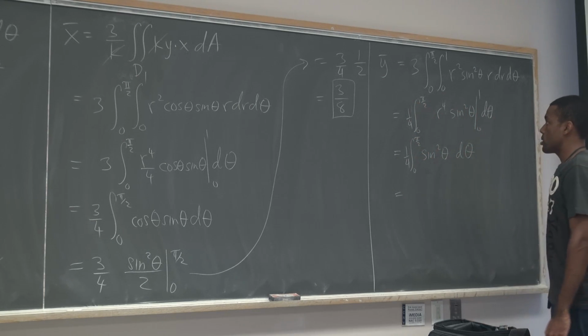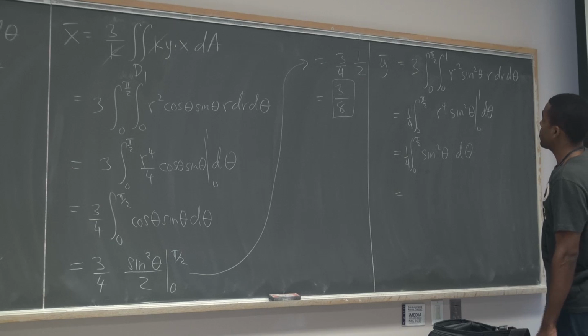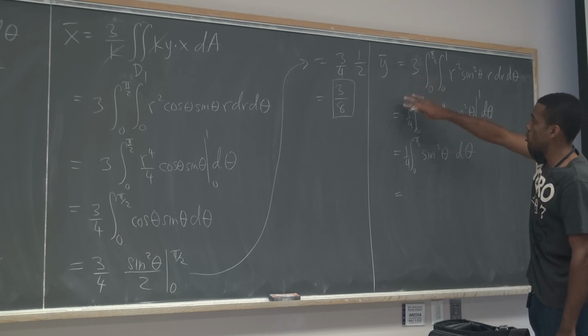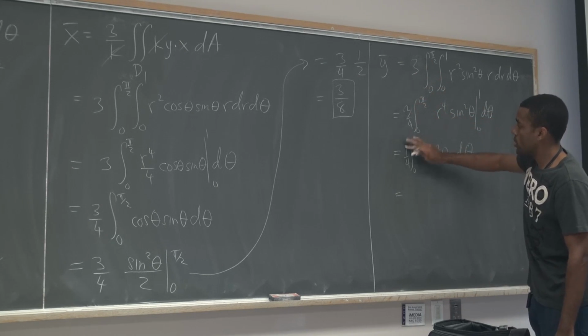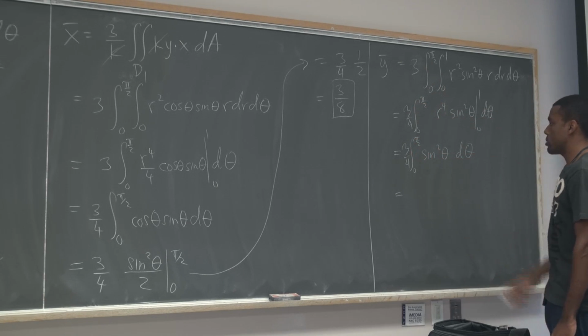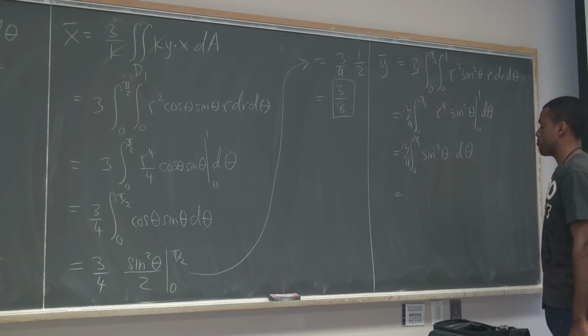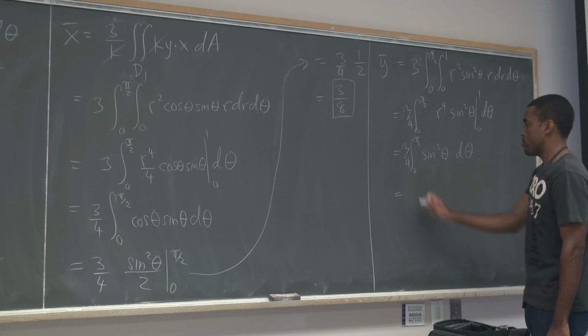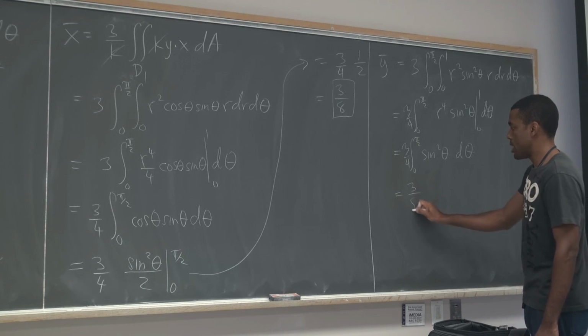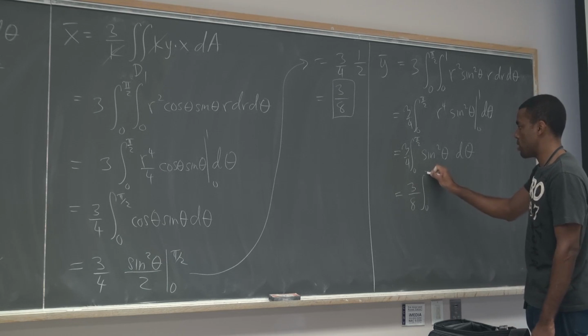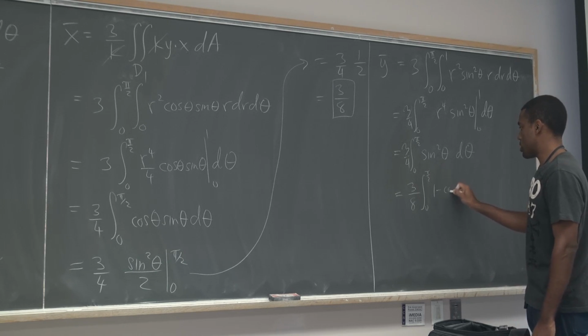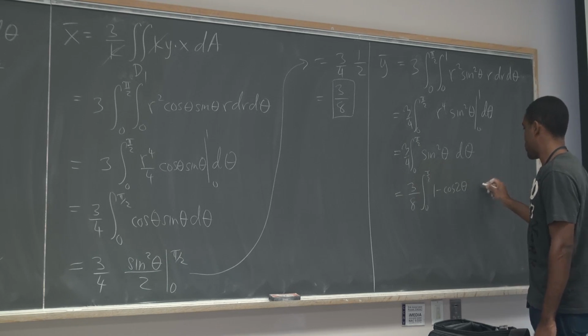So how do we integrate this? Oh, you do the half angle formula again, so this is 3 over 8 times the integral from 0 to pi over 2 of 1 minus cosine 2 theta d theta.